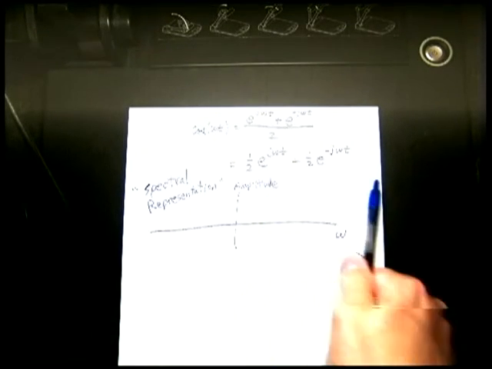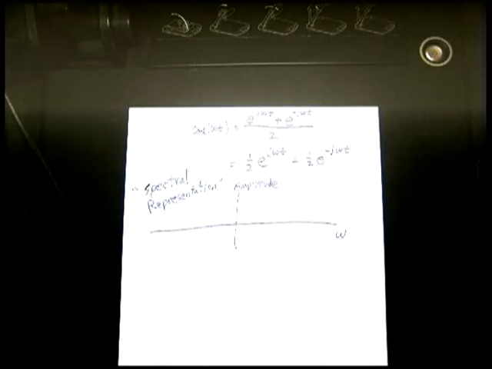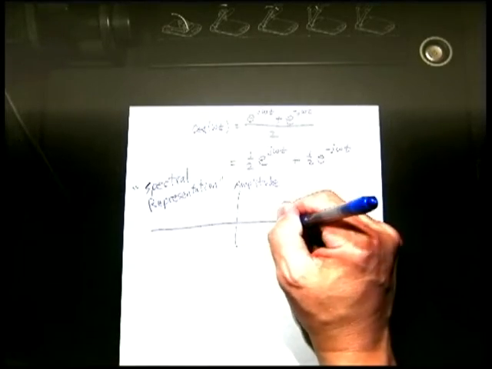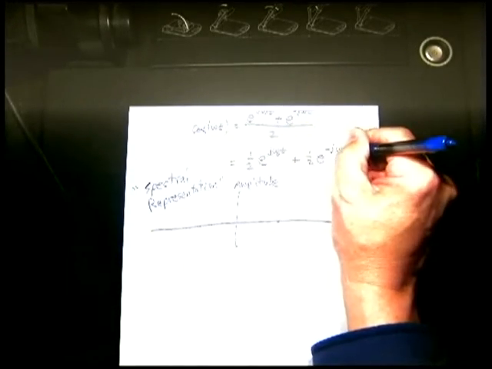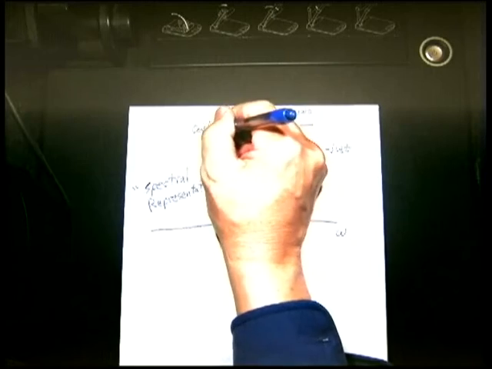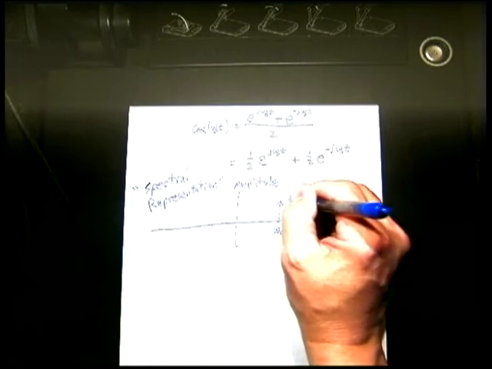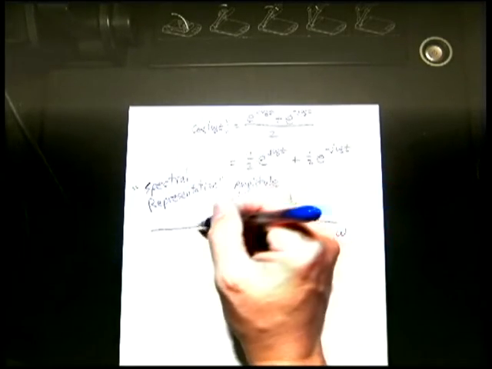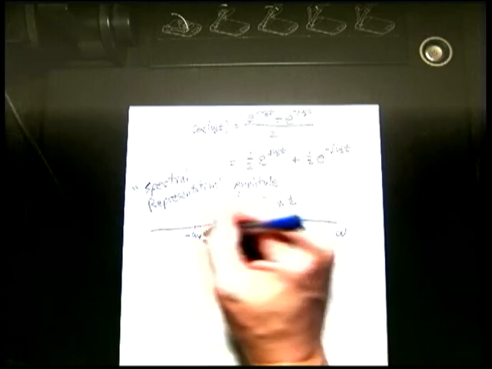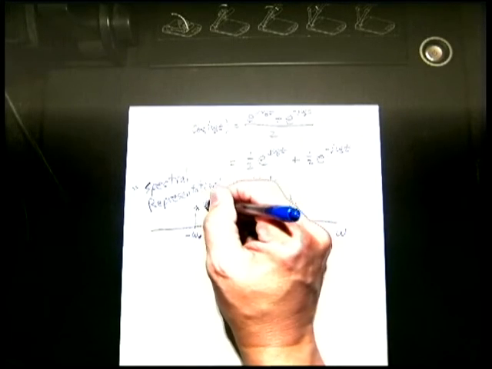And just from looking at this formula, I can say that the amplitude is the coefficient of e to the j omega t. So at frequency omega, and let me make these specific omegas, omega 0. So we got a specific frequency omega sub 0. Then at omega sub 0, I've got an amplitude of 1/2. And at frequency minus omega 0, I have an amplitude of 1/2.